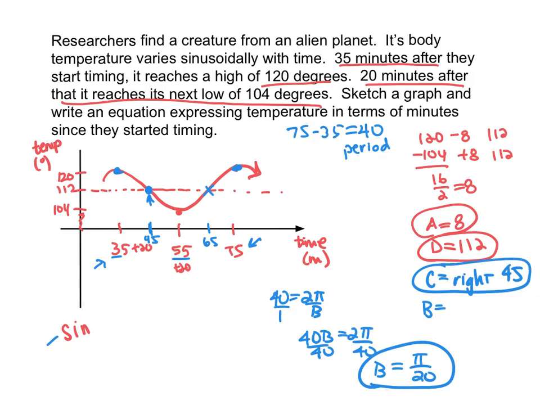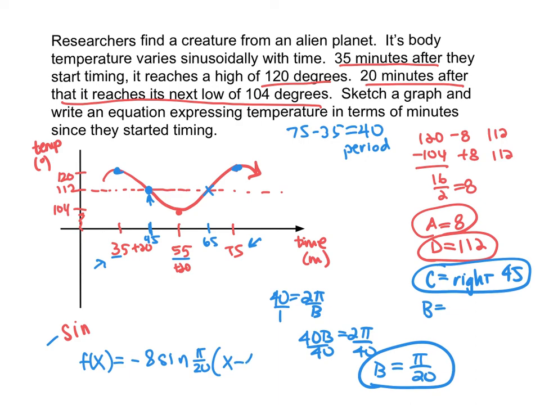I have everything I need, and I'm going to write this as a negative sine function. I'll just do f of x again. F of x is equal to negative 8, because I'm writing it as a negative sine. My b value is pi over 20 outside of the parentheses.